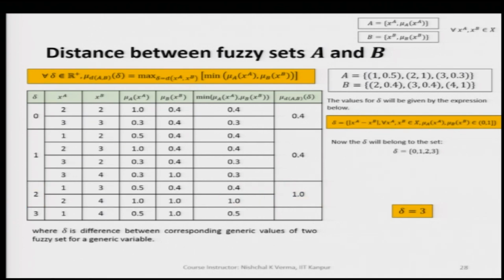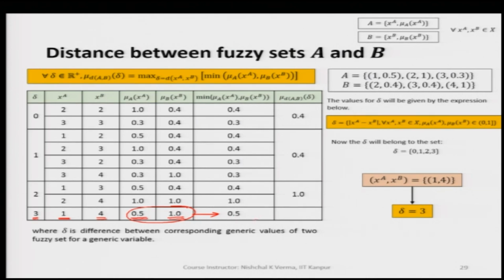Next, let us find all the pairs for which delta is equal to 3. For delta is equal to 3 we get only one such pair, 1 4, and we use these values as the pair elements. So, 1 4 for delta is equal to 3, and then the corresponding membership values are entered over here, and when we take the minimum of these we are getting 0.5.